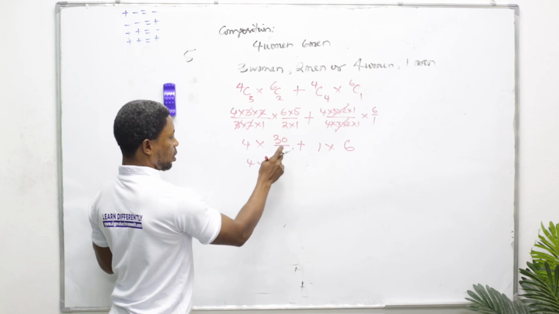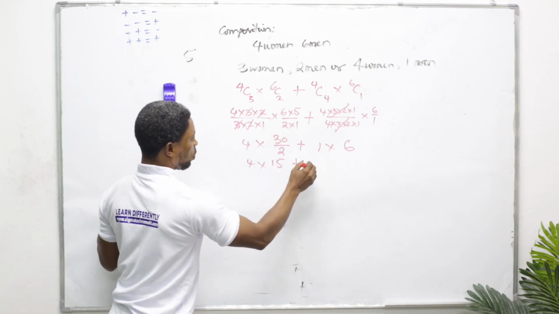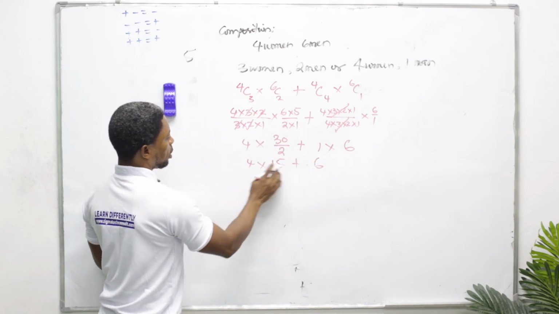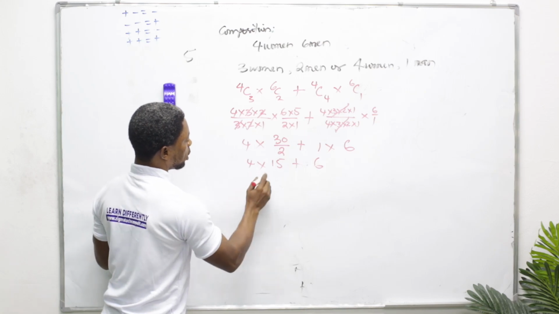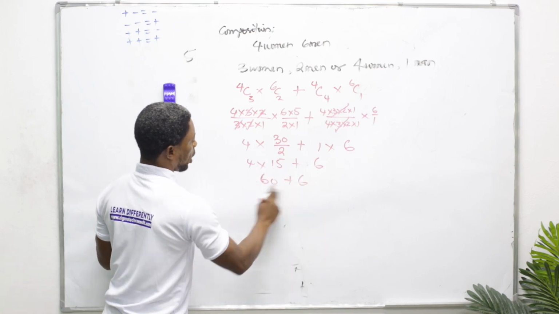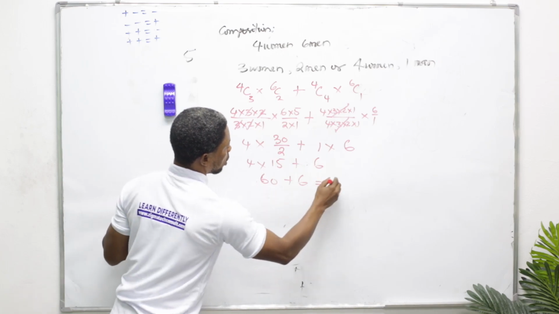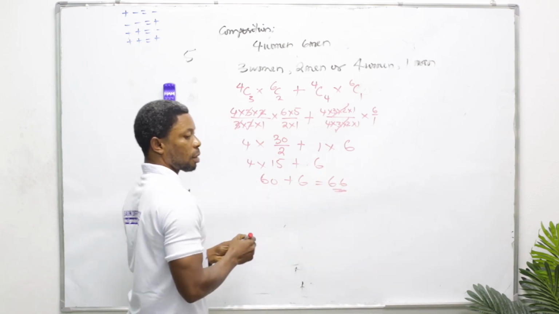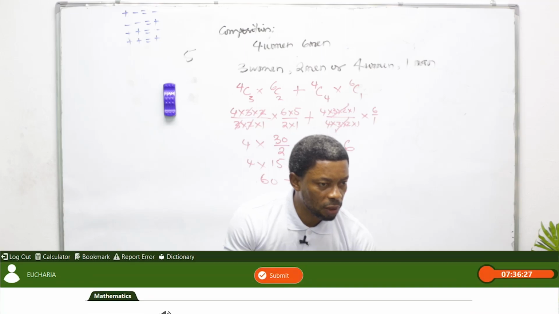This will give you 30 plus 6. This time it gives you 60 plus 6. So add them, this gives you what? 66. Let's look at it. That is B.